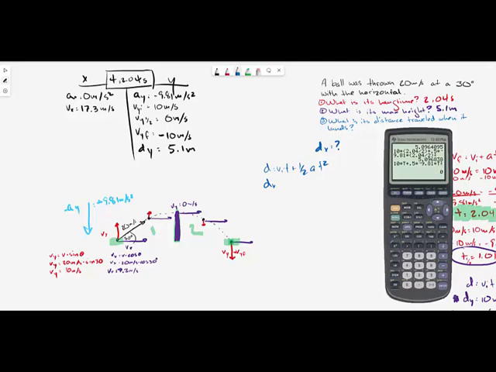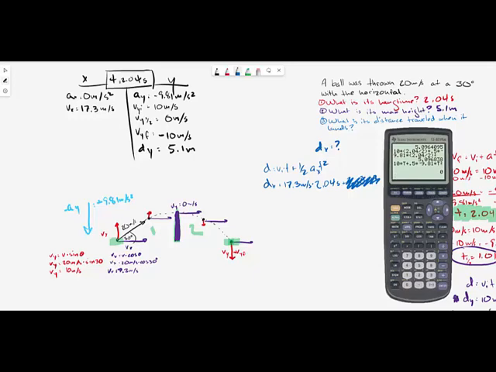So the distance x is equal to the velocity x, 17.3 meters per second, times the total time, because we're not looking for the distance at the halfway mark. Total time is going to be 2.04 seconds, plus 1/2 the x acceleration, which is 0, times t squared. It doesn't really matter because 0 is going to cancel all of this out for us. So we're just going to basically do 17.3 times 2.04.